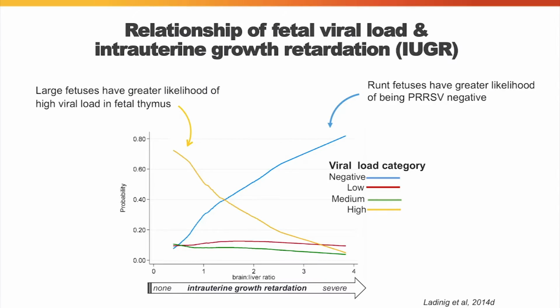The blue line is the probability of a fetus being negative, PRRS negative, at birth. And you can see that the probability is very high in runt fetuses. By contrast, the yellow line is showing fetuses that have very high viral load, and the probability is very high in the large fat fetuses. Completely opposite to what we had expected.